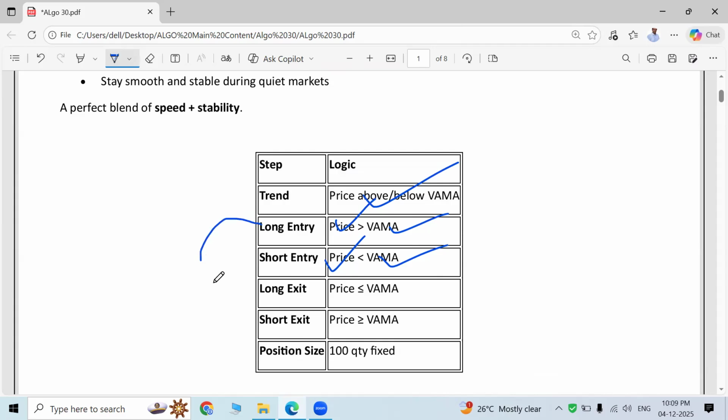And when do we exit? We exit a long entry when the condition of price greater than VAMA reverses, and we exit a short entry when the condition of price less than VAMA reverses.